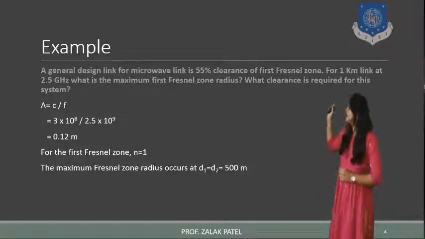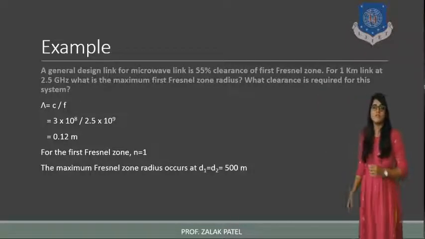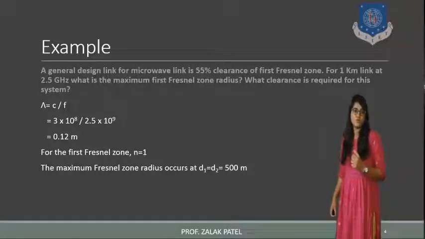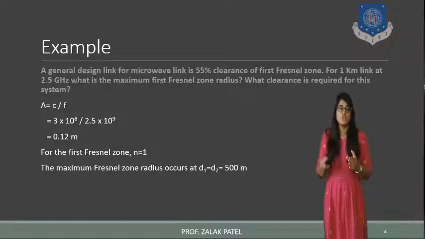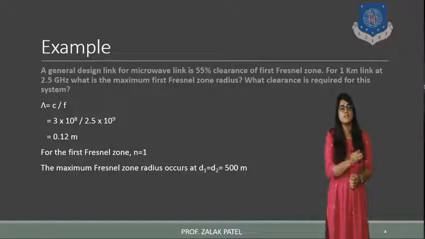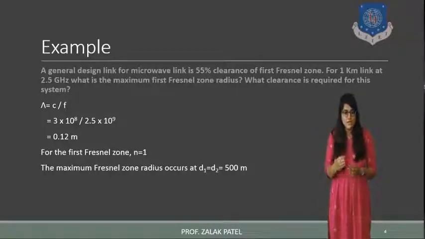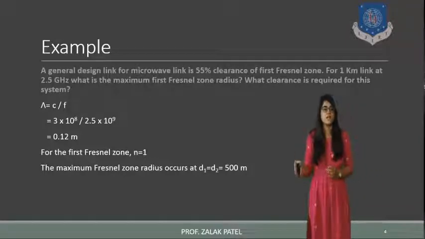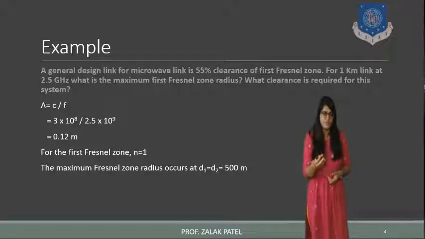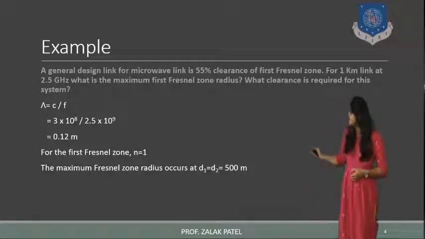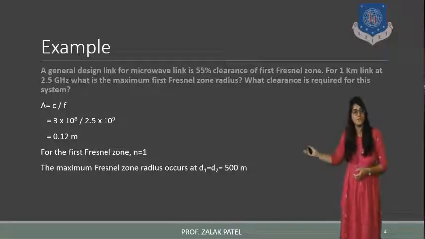So if the total link distance is 1 kilometer, then it will be divided by 2. So the distance from transmitter to obstacle, and distance from obstacle to receiver, will become 500 meter, 1 kilometer divided by 2. So now we got the distances d1 and d2.